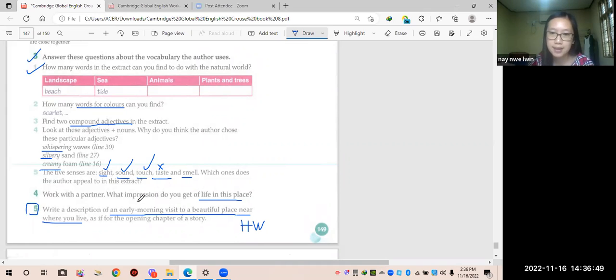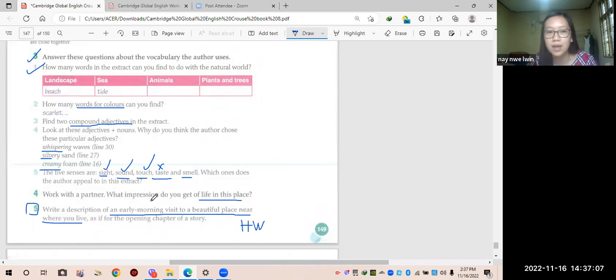Imagine you're taking a walk early in the morning in a beautiful place, walking along there. You have to give detailed information: what you see, what you hear, what you smell.